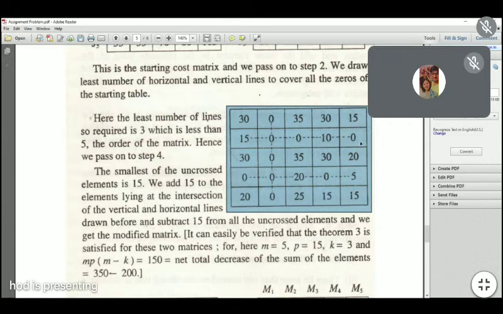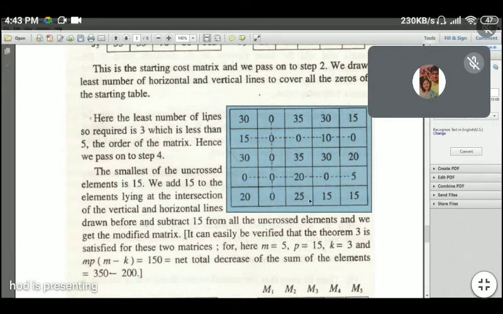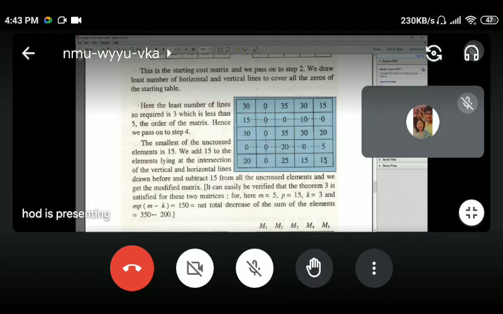Entire second row is covered, nothing to do there. Third row: 30 minus 15, 0 is covered, 35 minus 15, 30 minus 15, 20 minus 15. Fourth row again fully covered, so nothing to do there. Last row: 20 minus 15, 0 is covered, 25 minus 15, 15 minus 15, 15 minus 15.